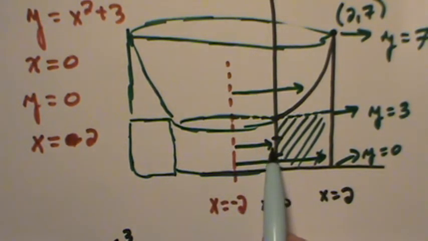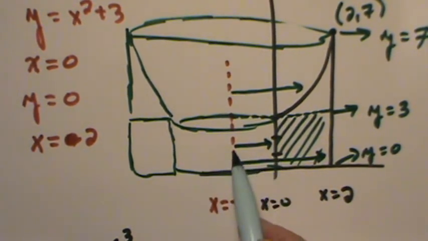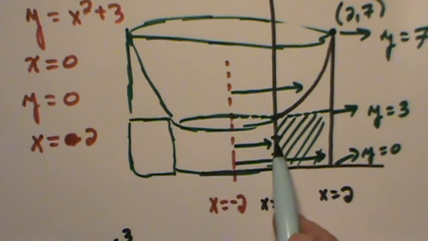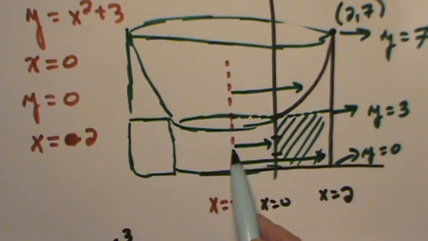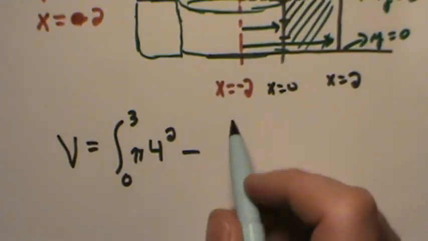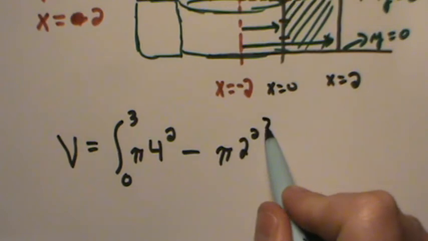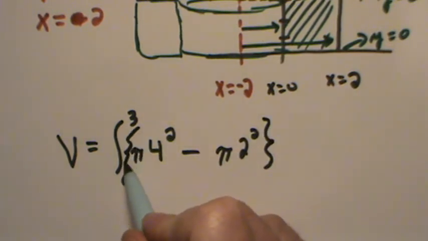I'm going to go about the line x equals negative 2, but my radius goes all the way out to 0. So 0 minus negative 2 gives me a distance of 2 right there. And so I can call that pi times 2 squared. That's pretty straightforward.